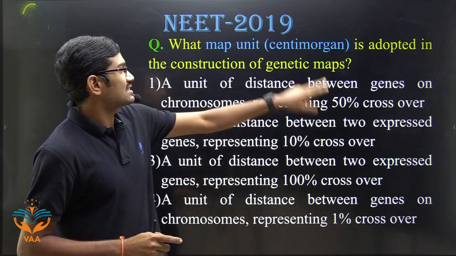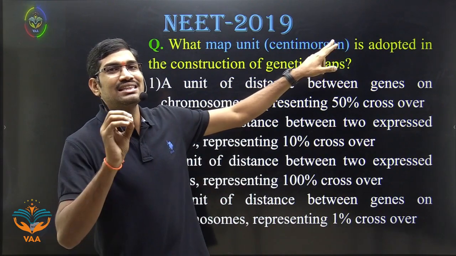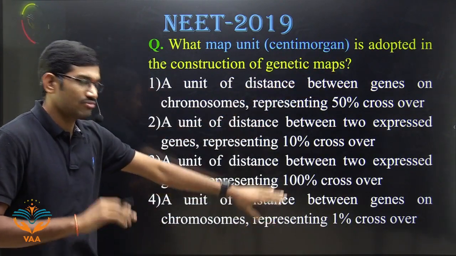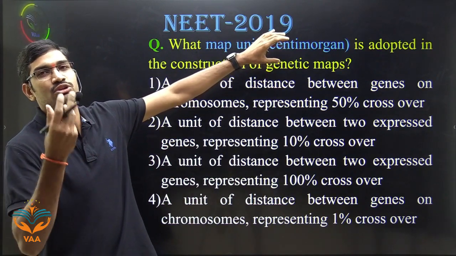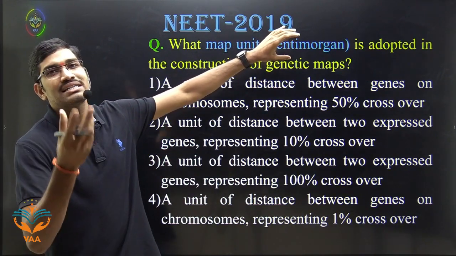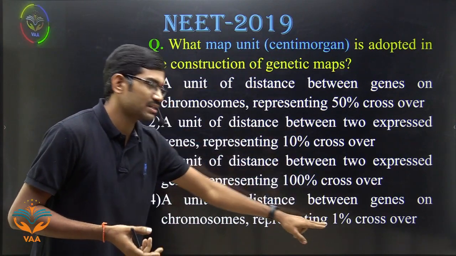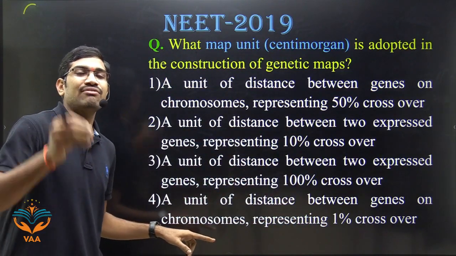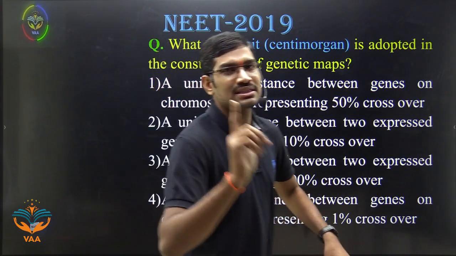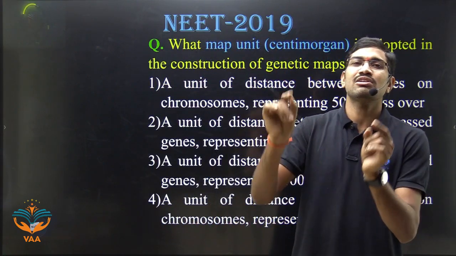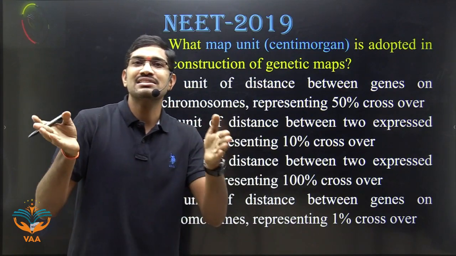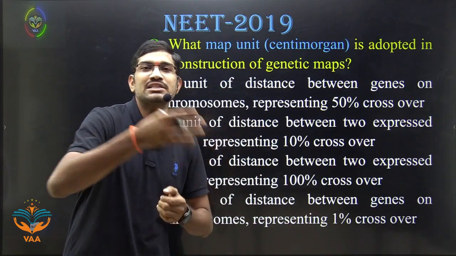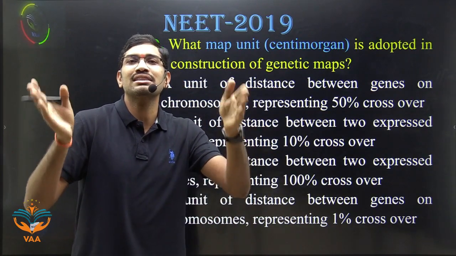What is the definition of that unit? 1 centimorgan means 1% crossing over. So if between 2 genes 1% crossing over is occurring, that is equal to 1 centimorgan. Suppose 10% crossing over is occurring, 10 centimorgan. Yes or no? 30% crossing over is occurring, 30 centimorgan or 30 map units.